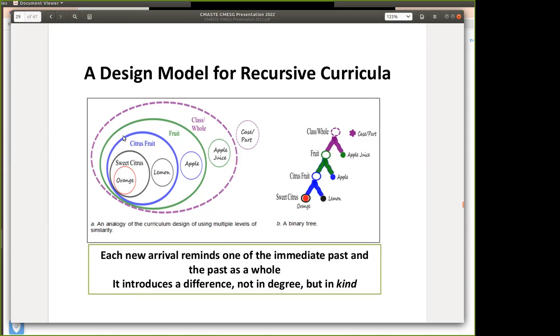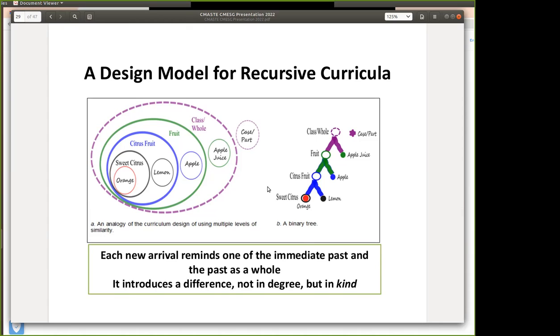But you don't know what kind of category these two would belong to until the apple showed up. When the apple showed up, it's like, oh, okay, the previous two seem more like belonging to a citrus fruit group. And now you have another whole that covers those three, but that category does not show up until you see apple juice.